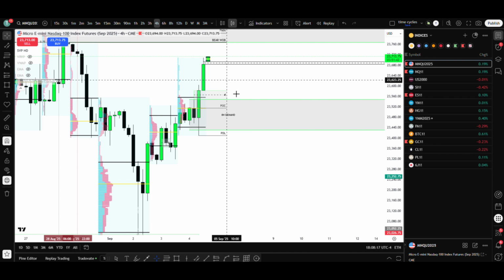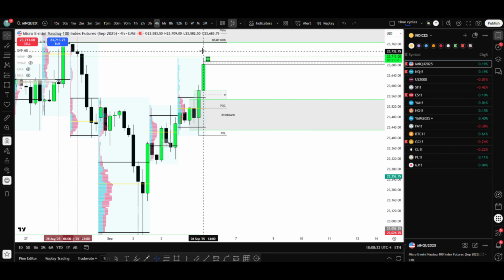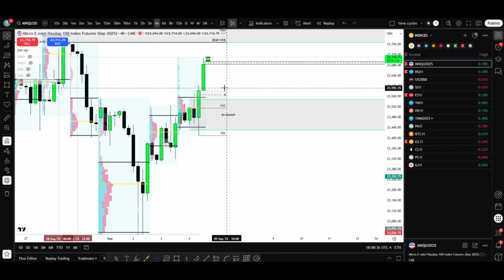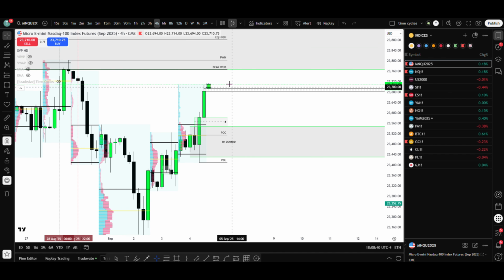So if we keep this bias bullish for today, we could see price drop all the way into the 4-hour gap, 8-hour demand, point of control to go up, or tomorrow price could go up, take this high up, but it's less likely.